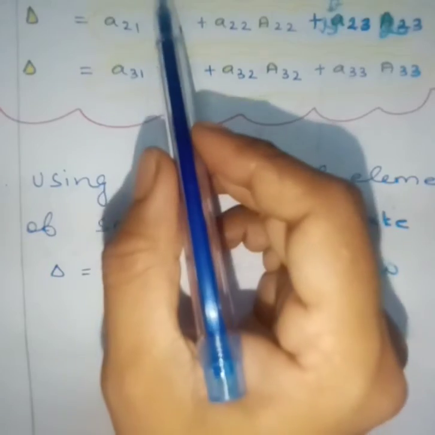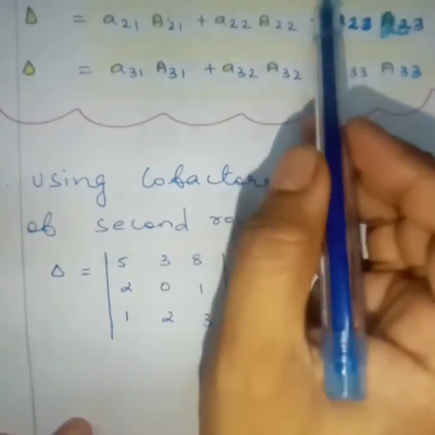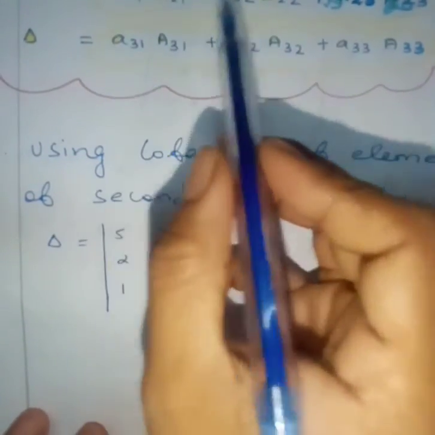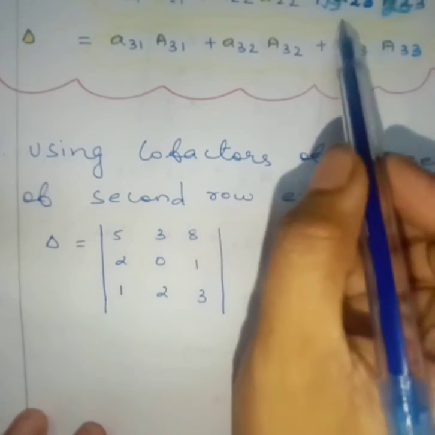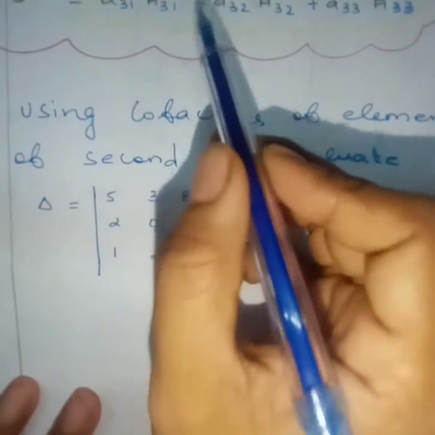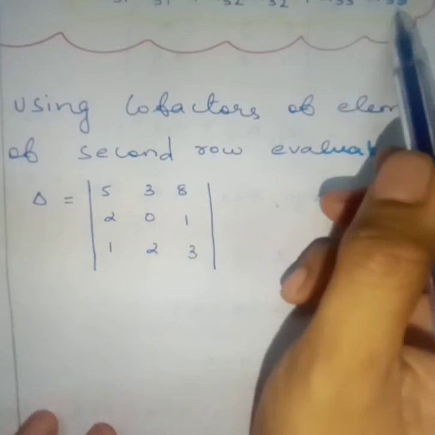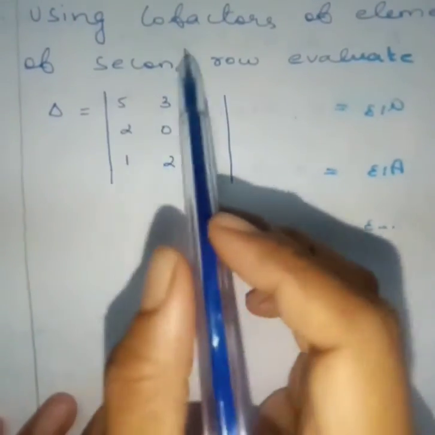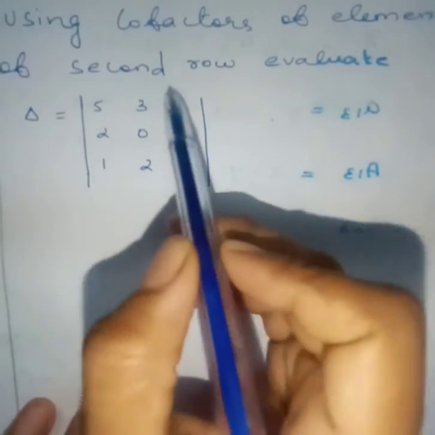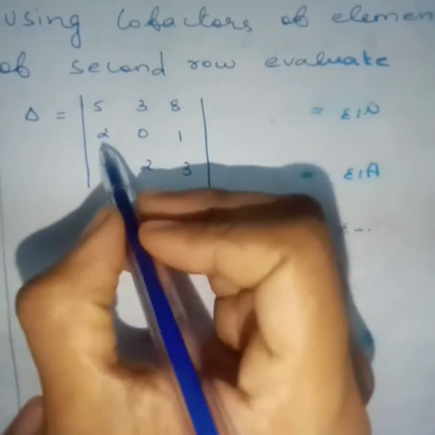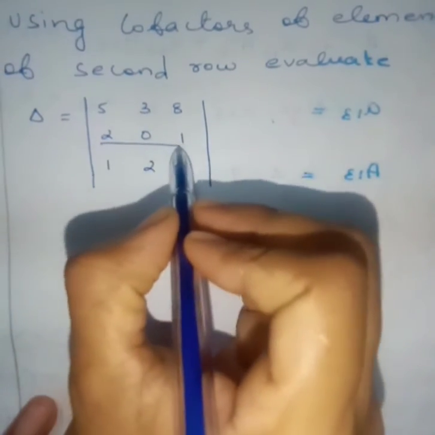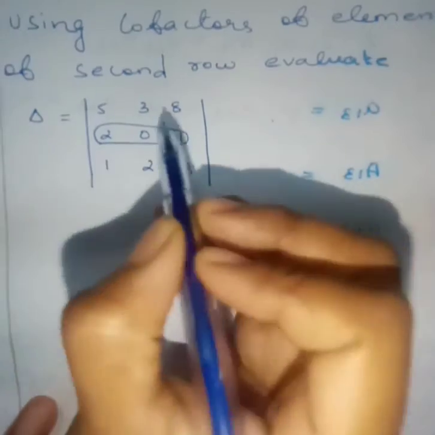So A11, A12, A13, A21, A22, A23, A31, A32, A33. So using cofactors of elements of the second row, evaluate. So they are asking us to evaluate using the second row.